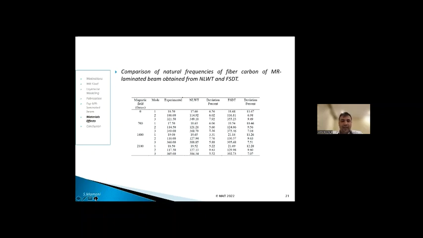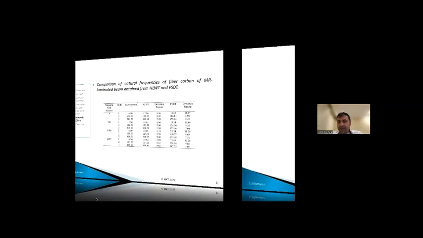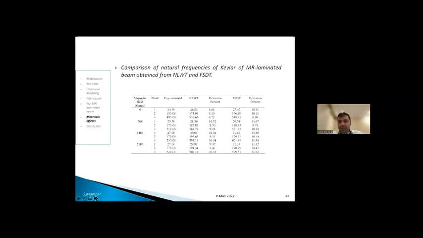And in the next slide, as you can see, the deviation percent of the Kevlar is much bigger than the fiber carbon, and fiber carbon is much bigger than e-glass material. But other rules, for example, up to 1,400 Gauss, are the same as each other.